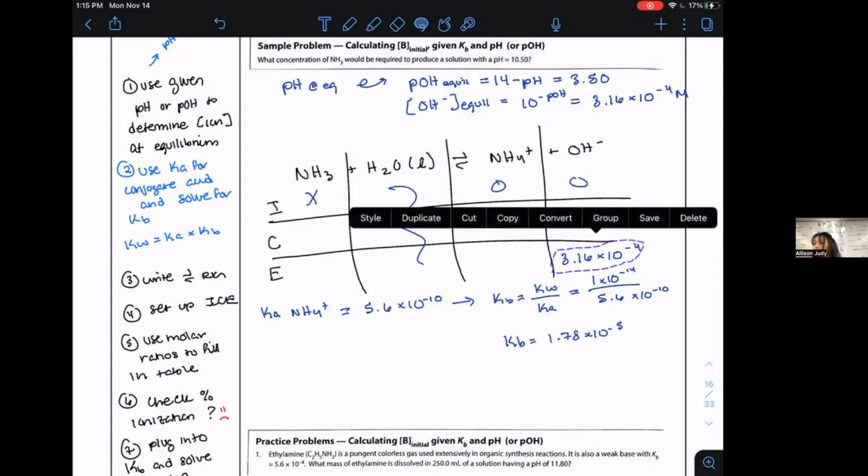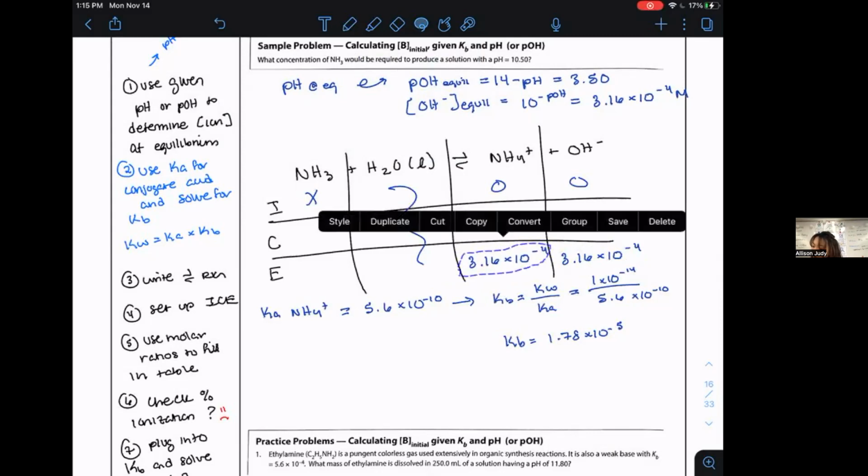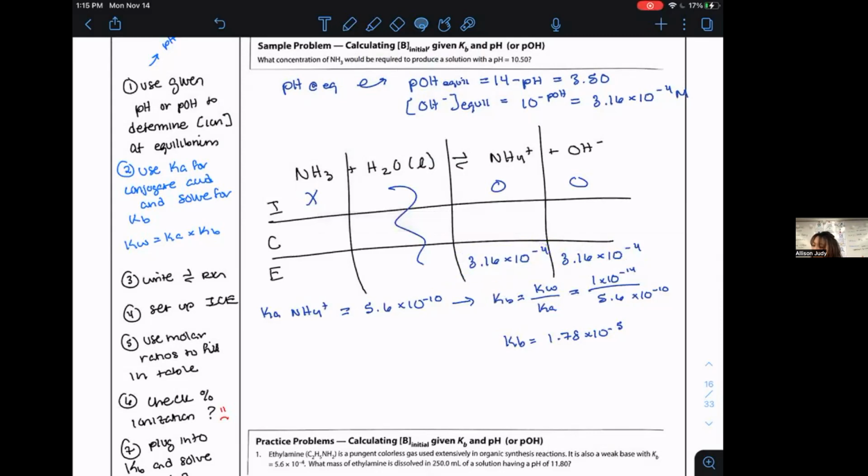I know that's the equilibrium concentration for OH. If that's the equilibrium concentration for OH, that means this must be the equilibrium concentration for NH4, because I change in a 1-to-1-to-1 ratio. I lose and I produce in a 1-to-1 ratio.